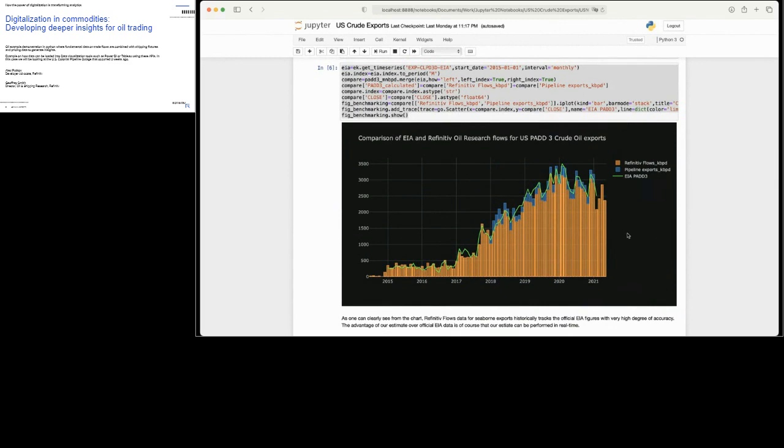As one can clearly see from this resulting chart, Refinitiv flows data for seaborne exports historically tracks the official EIA figures with a very high degree of accuracy. The advantage of our estimate over official EIA data is, of course, that our estimate can be performed in real time. As I mentioned earlier, the latest figures available today from EIA are for February, and the trade flows data that we have at Refinitiv are up to the minute.